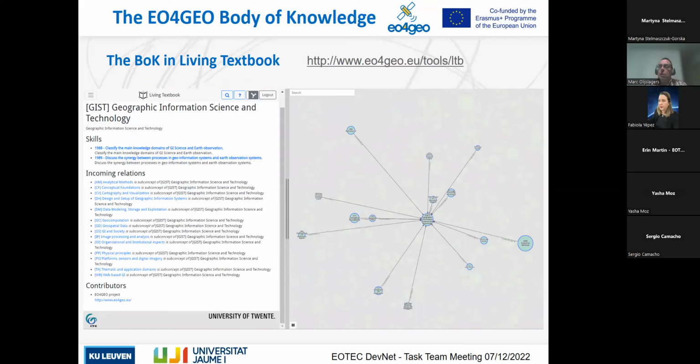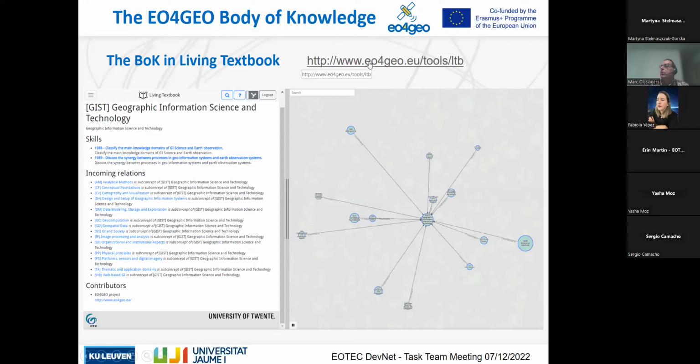Practically, the work on the update of the body of knowledge was done in the Living Textbook, a tool from the University of Twente. And here you see a view on the root node, which is called the Geographic Information Science and Technology. This root node has 14 domains linked, so that means that the working groups sometimes split their part further into different areas. For example, if we cover SDI, spatial data infrastructures, we cover, for example, web-based GI, but also things related to GIS and society.